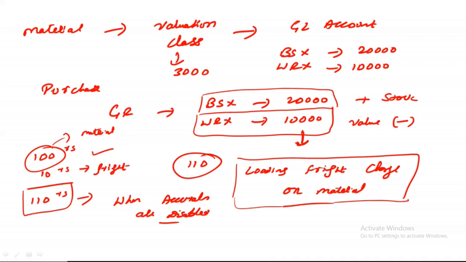Material and freight will become 110. Your accrual is disabled, so the complete 110 will get paid from this account. In that case, we say the freight charges are getting loaded on the material. Okay. Now, second case.